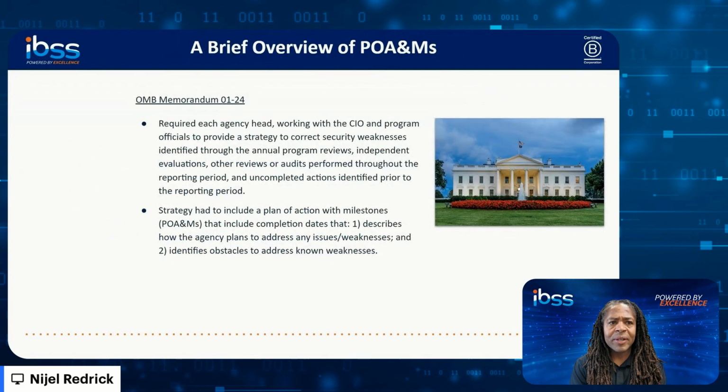In 2001, OMB issued Memorandum 0124 that required the heads of agencies to provide strategies to correct security weaknesses. And such strategies had to include a plan of action and milestones, or POA&M.